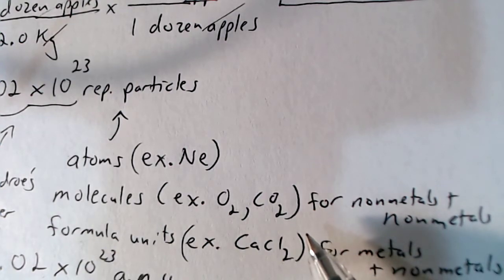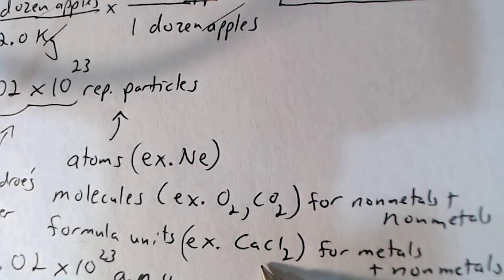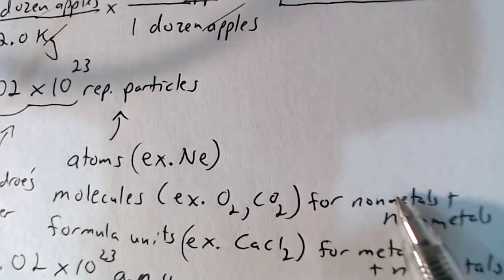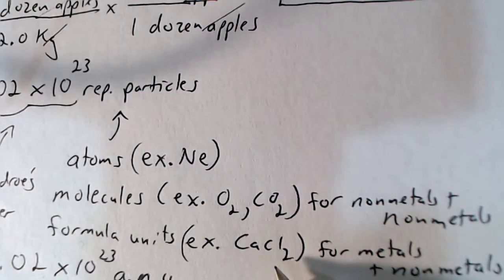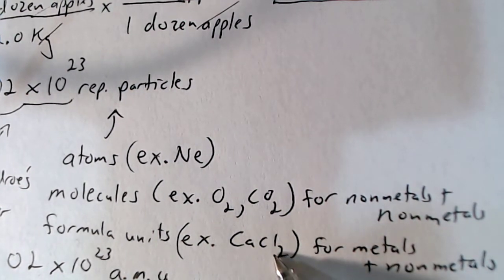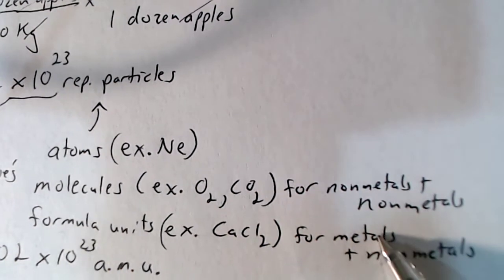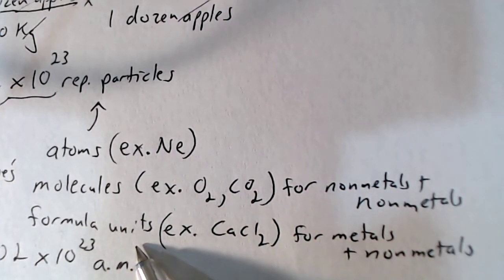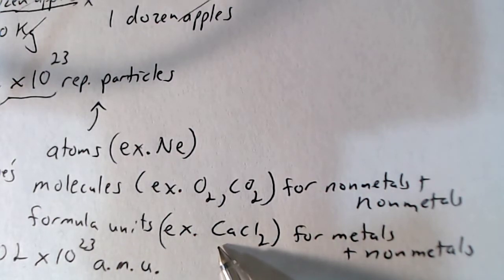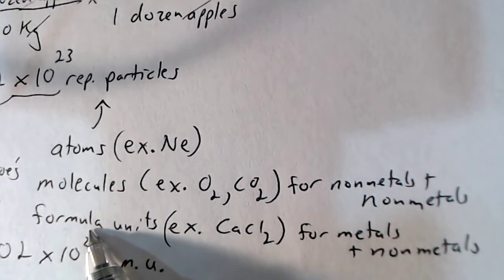And then you have compounds that are not molecules. We don't call them molecules because molecules have covalent bonds within them, which occur between nonmetals and nonmetals. If you have something which has a metal and nonmetal, like calcium and chloride, then we call that a formula unit. It's just a small unit of that ionic compound. So representative particles can mean any of these 3 things.